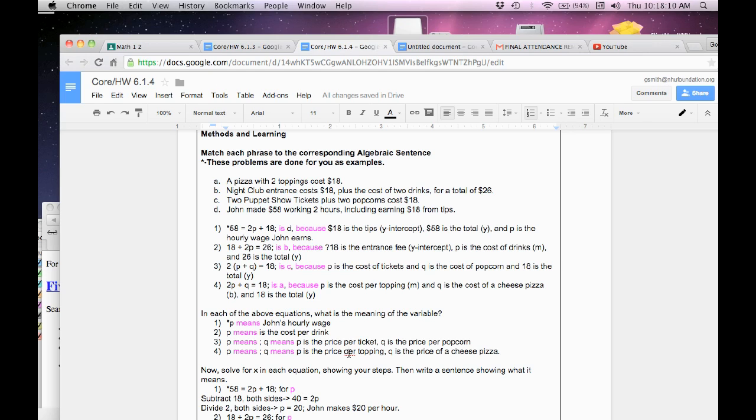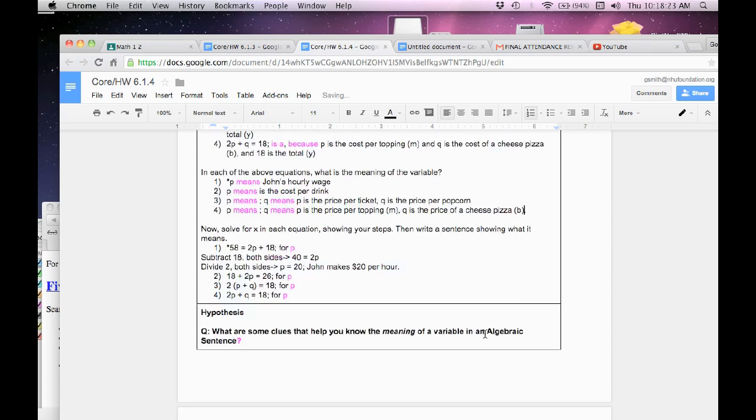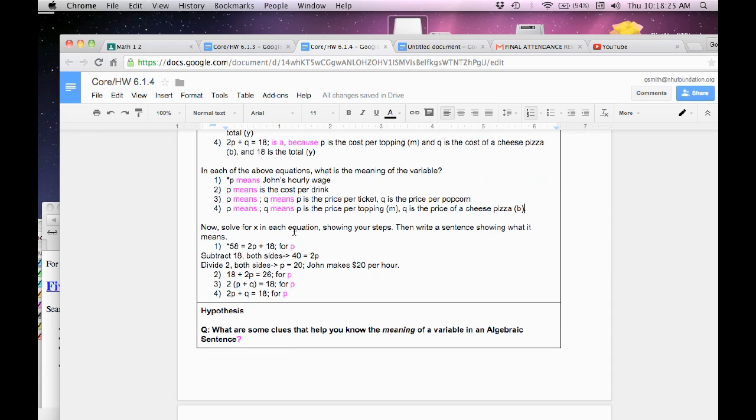The price per topping again is our slope, and it's always good to realize what you're actually talking about. And the price for the cheese pizza, well, that's like nothing's on it, so that's going to be your B.